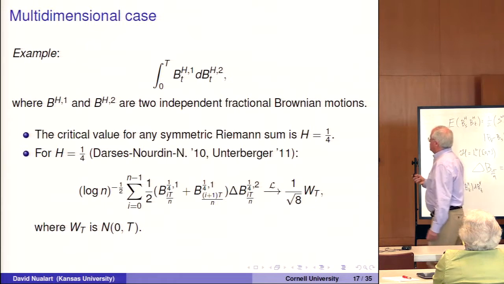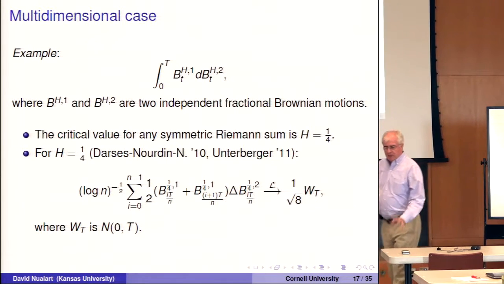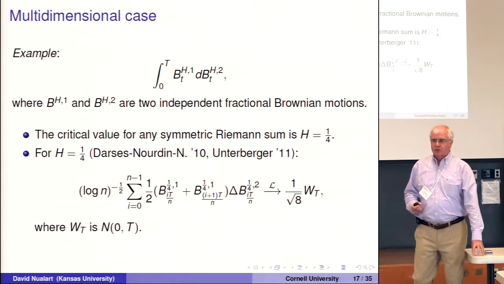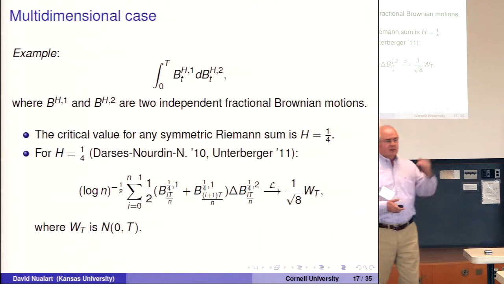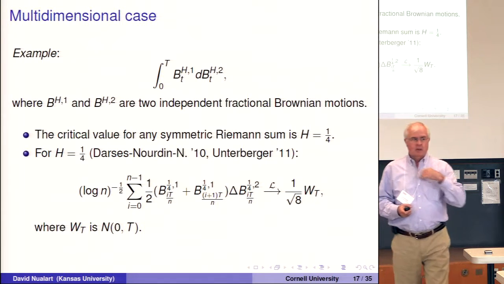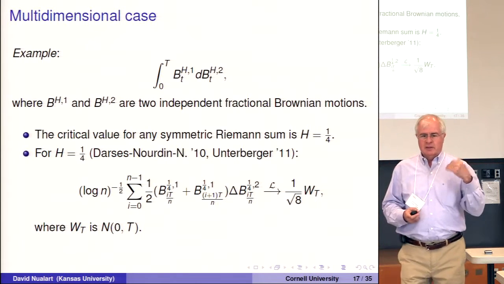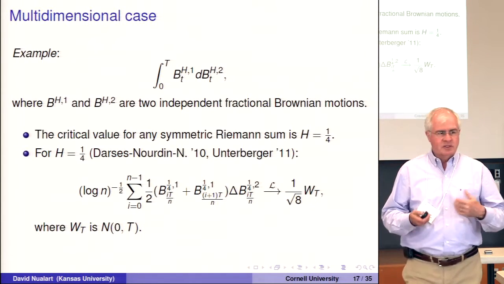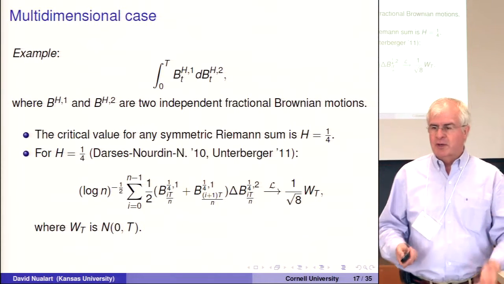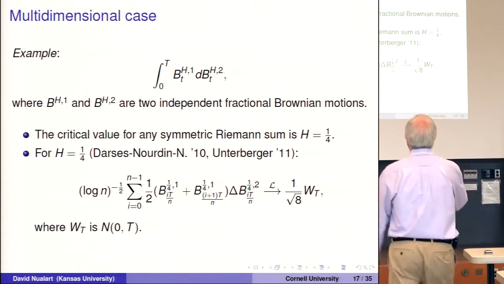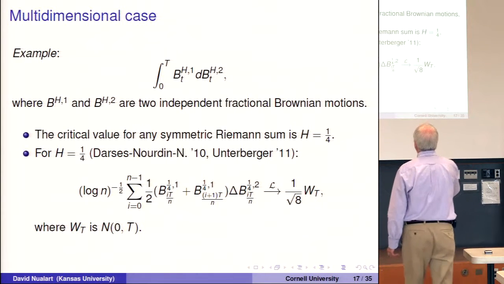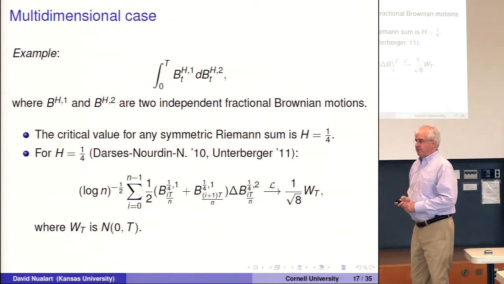So that's the reason. If you want to develop stochastic calculus for the fractional Brownian motion when H is less than 1/2, the critical value is 1/4. People have used, for example, rough path analysis, and to construct integral stochastic calculus using rough path analysis, you need these double integrals. These double integrals are available only if H is bigger than 1/4.